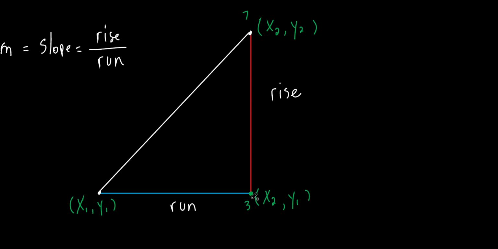It's 4. What math did you do to get 4? 7 minus 3 equals 4. So the length of that would be 4, wouldn't it? But I don't really know that that's 7, and I don't know that that's 3. But I do know that the top of it is Y2. I know the bottom of it is Y1. So how do I find the rise?